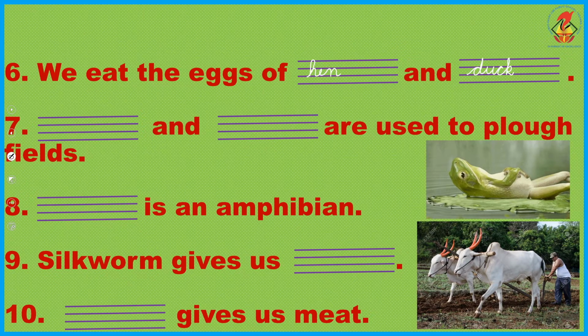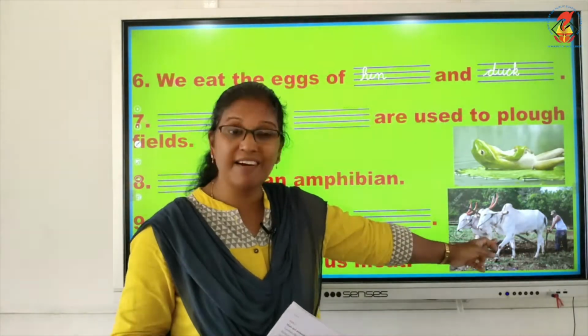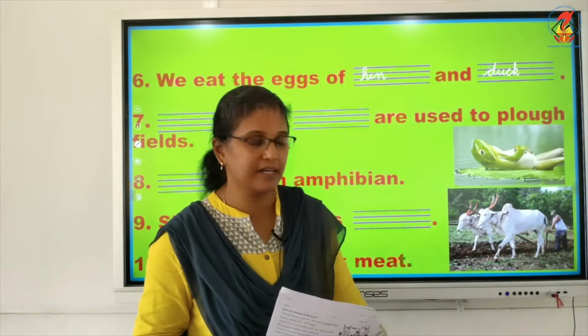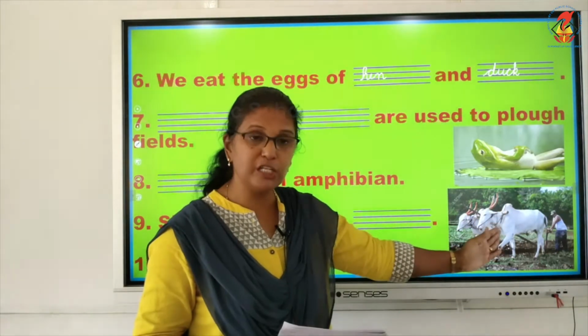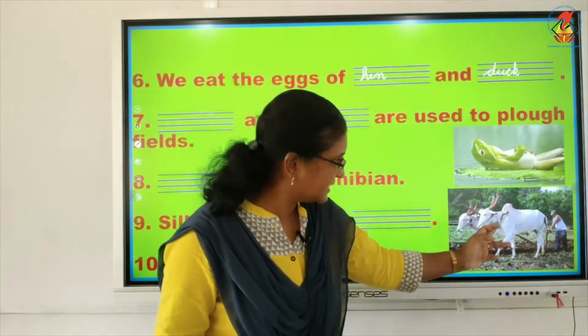Number 7, we have dash and dash are used to plough fields. What is the meaning of plough? You can see in this picture. The bulls are ploughing the field with the help of the farmer. The farmer has tied the bulls side by side, and in the center there is a stick.